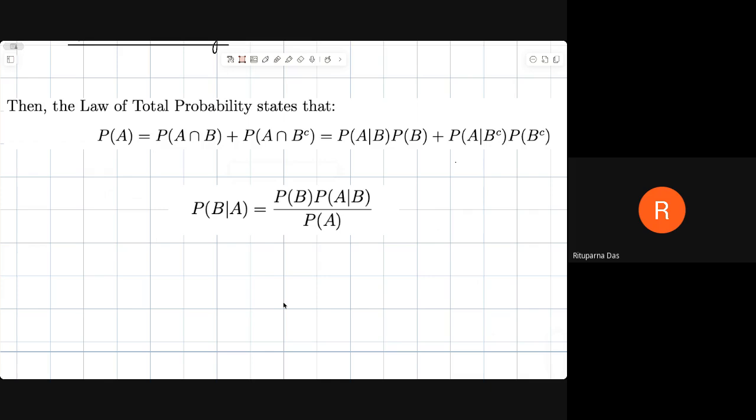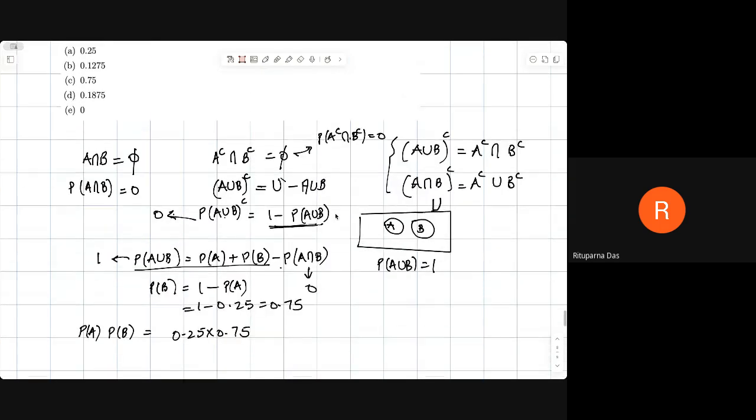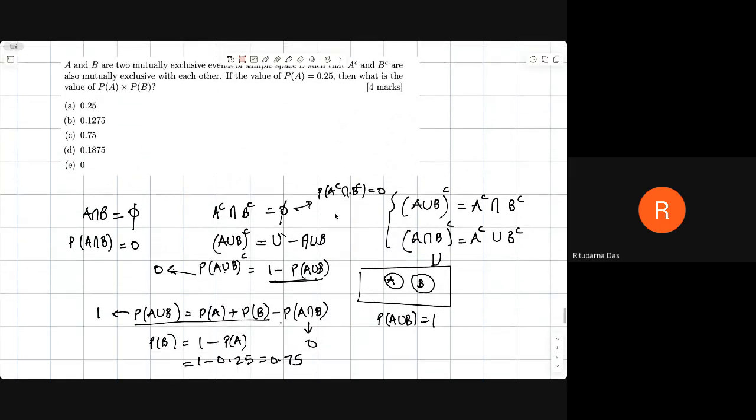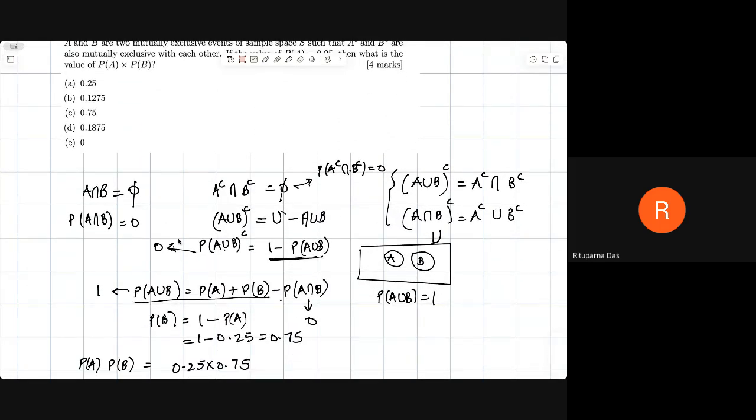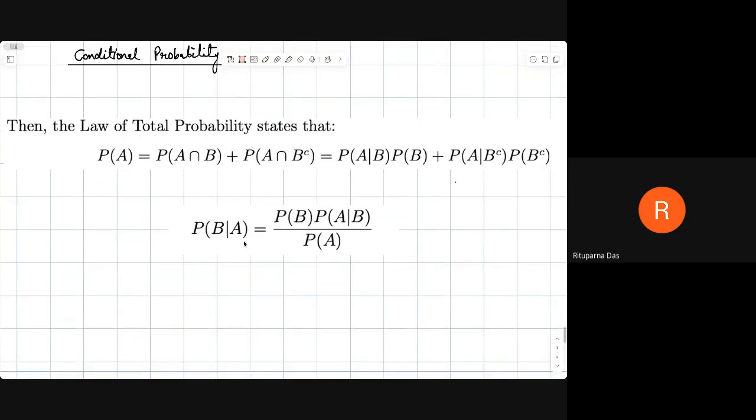And notice that when there is conditional probability, then two events are not independent.